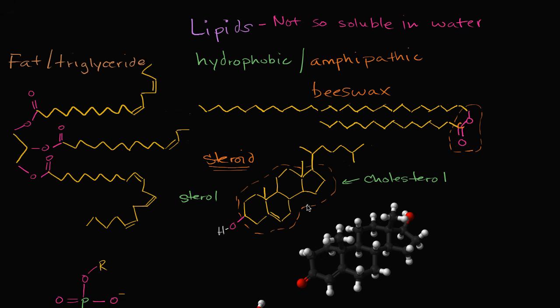People want to lower their cholesterol, but it's essential for life. It's essential to the functioning of your cells, and it is a precursor molecule for your steroid hormones, which make you you. And this right over here is a steroid hormone. It's a very well-known one. This is testosterone.